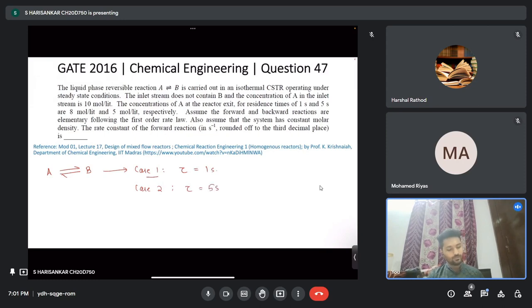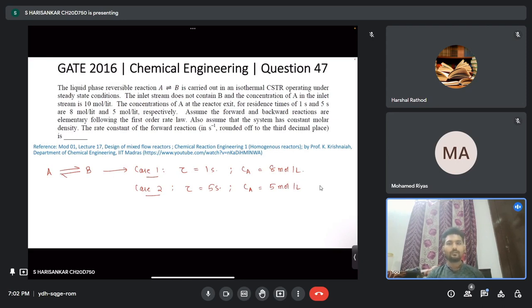In case 1, the final concentration of Ca is given as 8 mole per liter, and in case 2, for a residence time of 5 seconds, the concentration of Ca is given as 5 mole per liter.